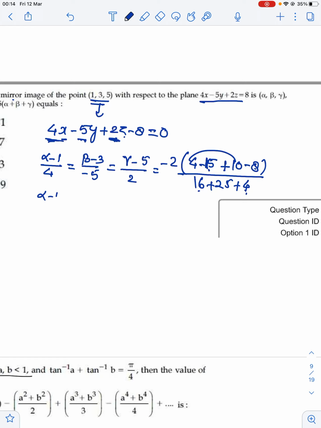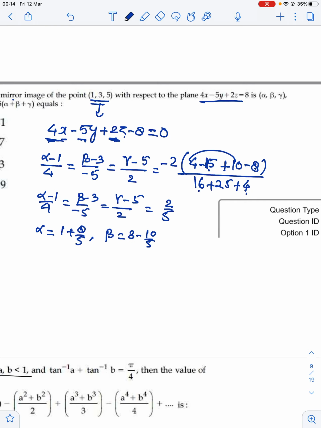So this comes out to be alpha minus 1 by 4, beta minus 3 by minus 5, gamma minus 5 by 2 is equal to minus 9 by 45, and minus minus cancel, 9 cancels, 2 by 5 here. So alpha is equal to 1 plus 8 by 5, beta is equal to 3 minus 10 by 5, and gamma is equal to 5 plus 4 by 5.